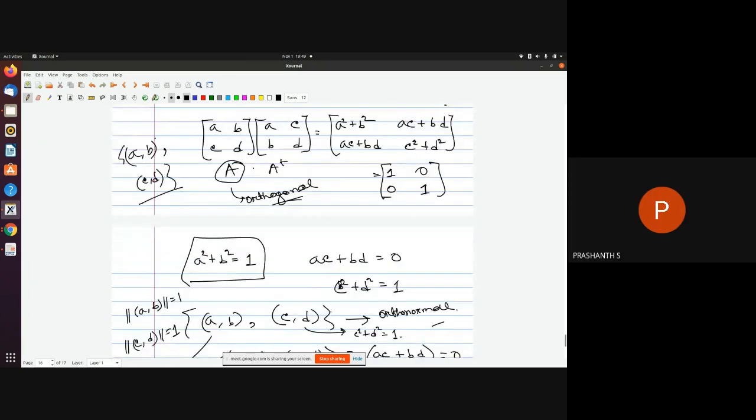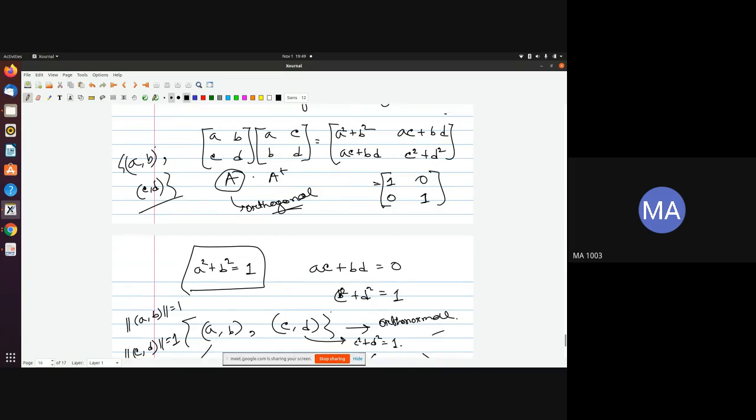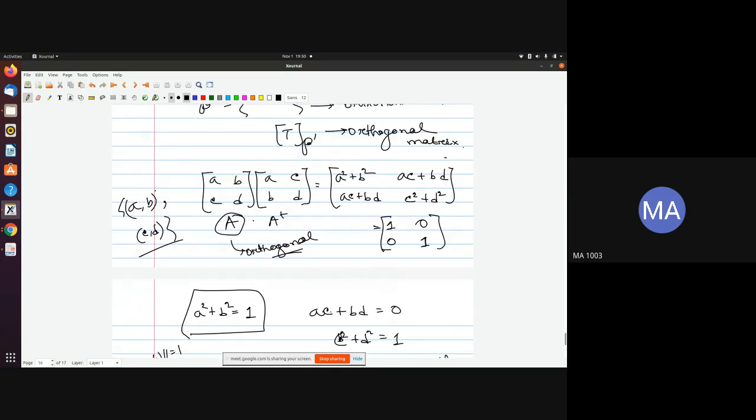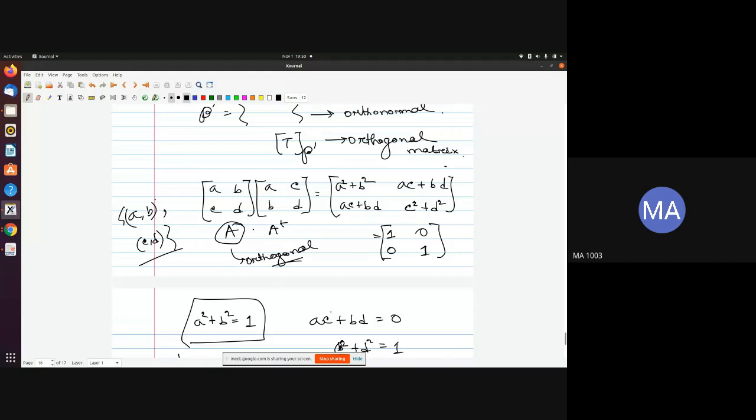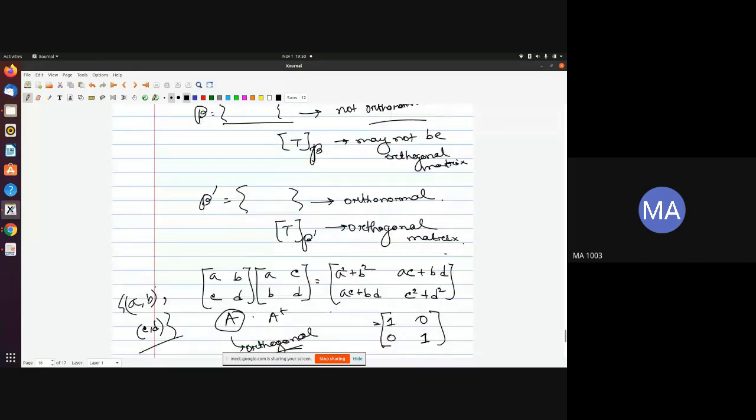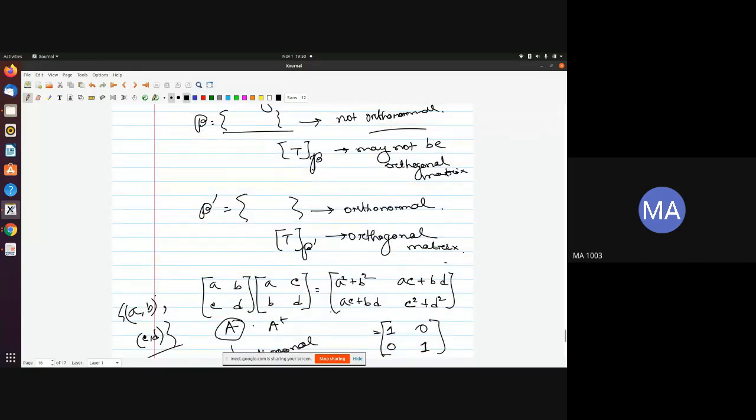Sir, is this orthogonal matrix different from the orthonormal set, sir? What is an orthogonal set? The inner product of vi and vj is 0. Those are defined on vector elements, right? Vectors. And this is called a matrix. I am taking A as a matrix. So a matrix is called an orthogonal matrix if A A transpose is the same as identity.